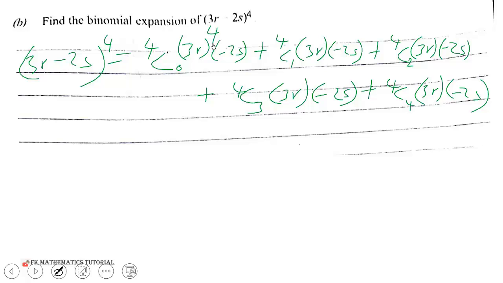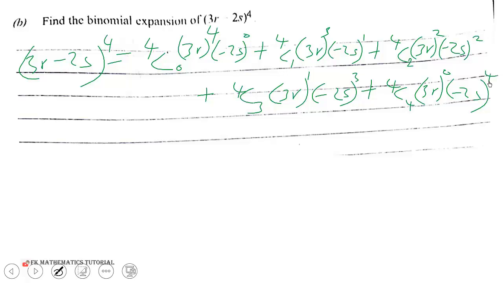The second one increases from 0 to 4, so 0, 1, 2, 3, 4.